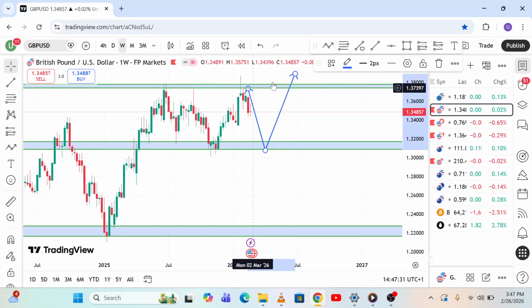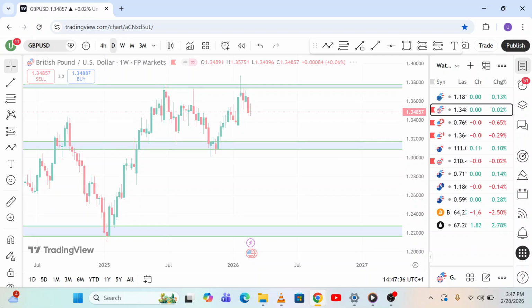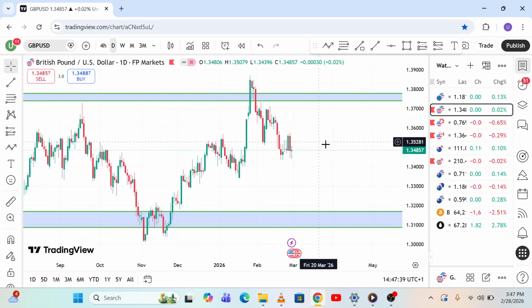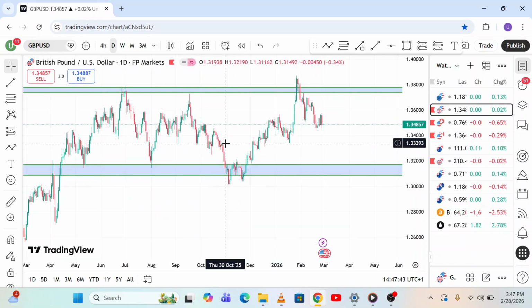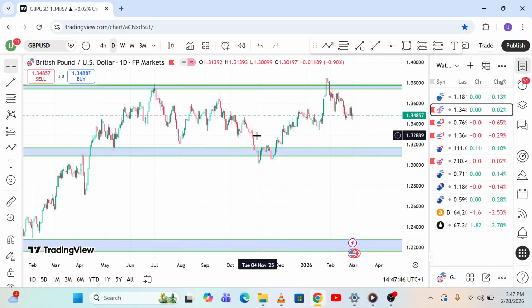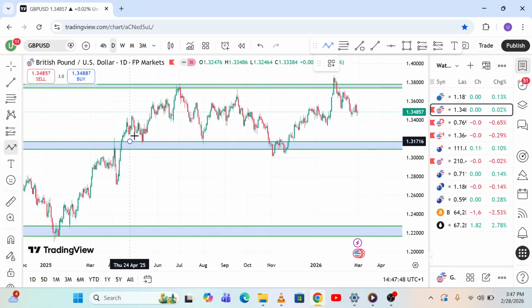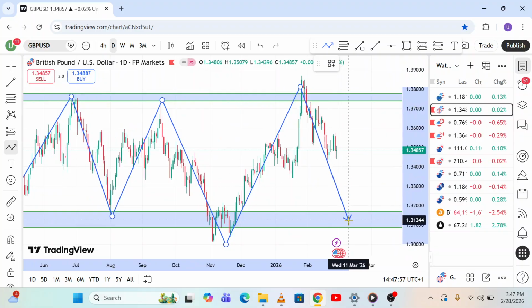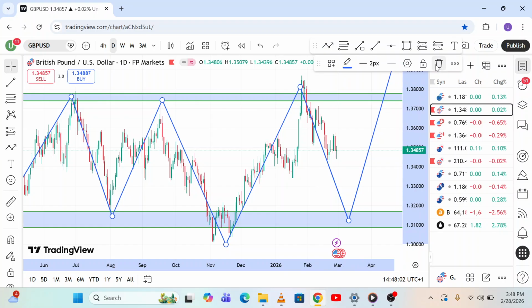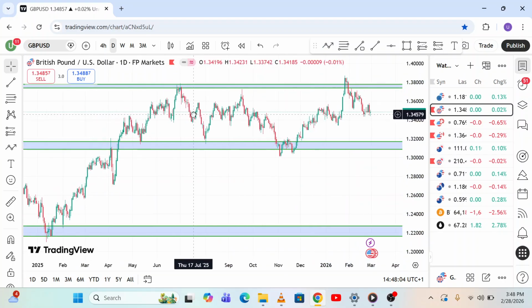So let us go to the daily time frame to see what's happening. As you can see, in the daily time frame, it's like a consolidation. We have been forming a range of consolidation, and once the price reaches there, we can expect that the price is going to return back here before going up, because sellers are getting stronger and stronger.